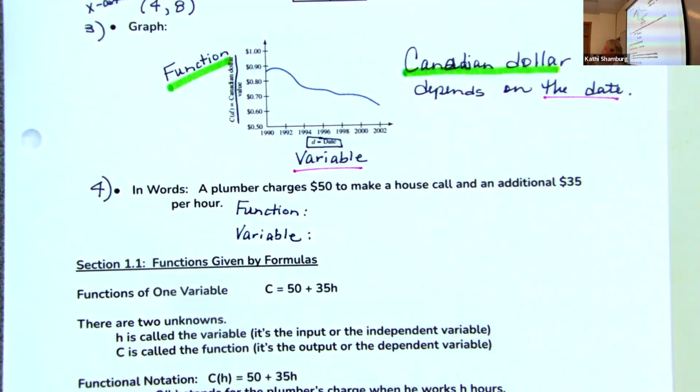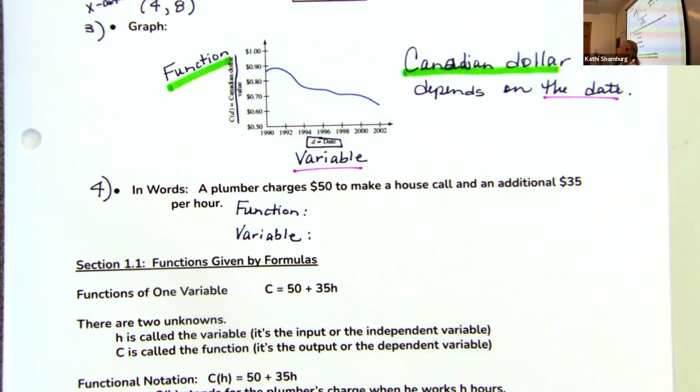We're talking about charges or cost, right? A plumber comes to your house, he's going to send you a bill. And then what else are we talking about? An additional charge based upon what? Hours. So we're looking at charges and basically number of hours.